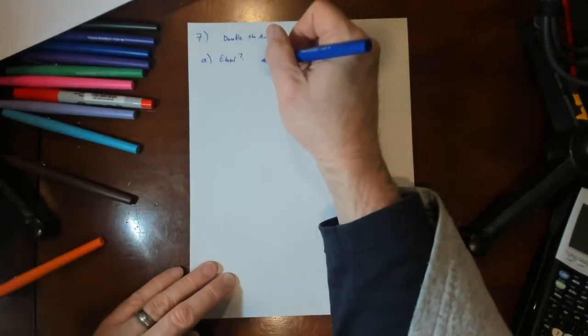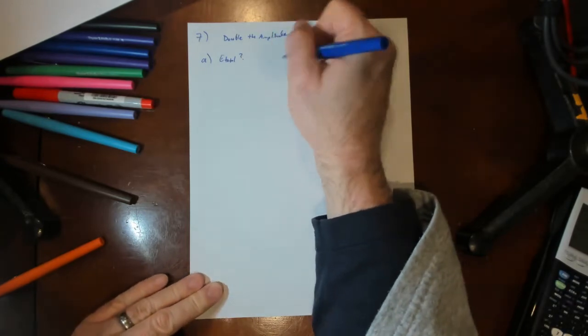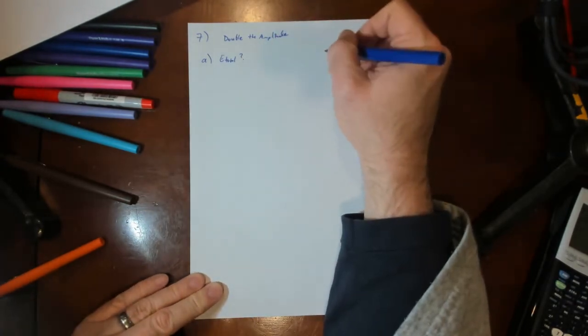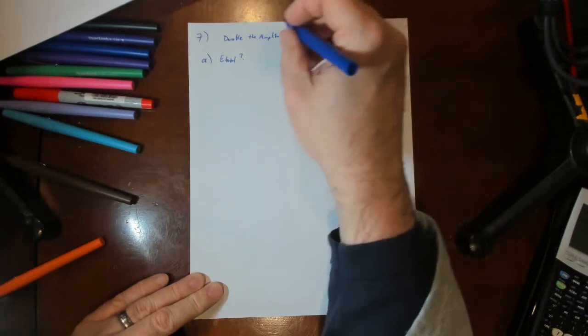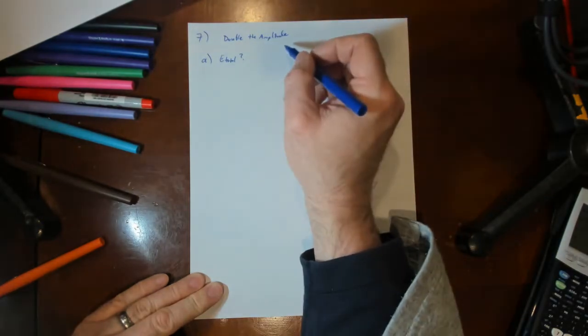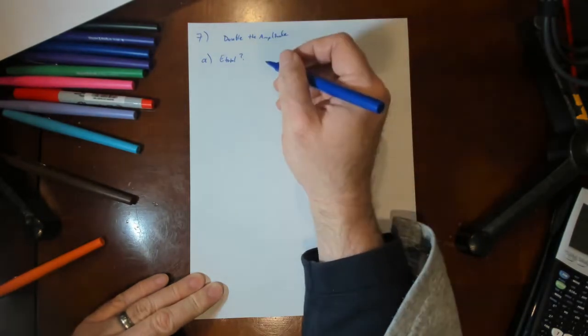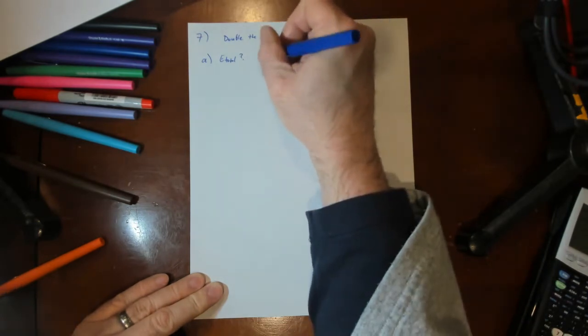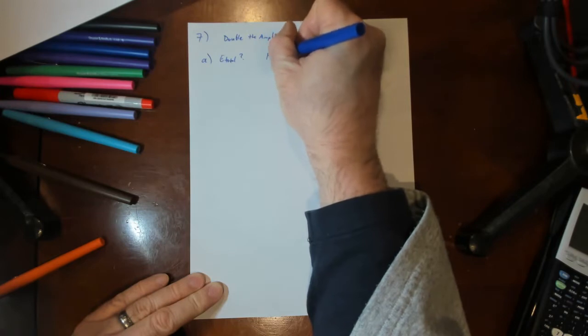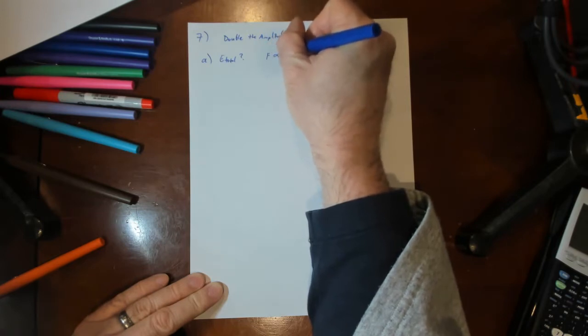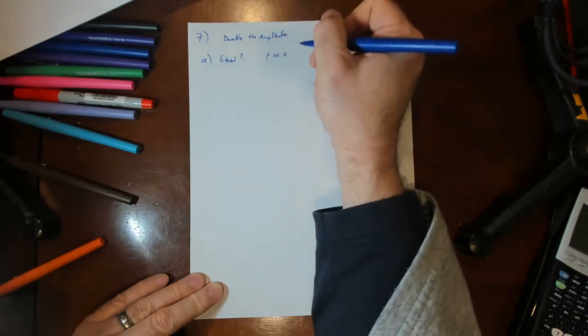And so you say, well, I'll make use of the fact that when I have something in simple harmonic motion, when it's at its amplitude, all of the energy is in potential energy, right? And we know that for simple harmonic motion, the force has to be proportional to x, the displacement from equilibrium.